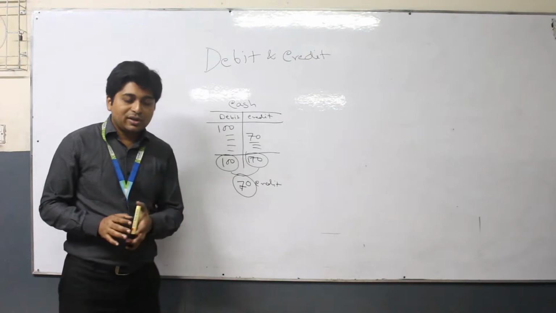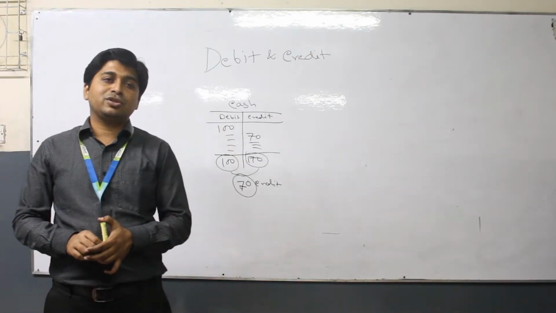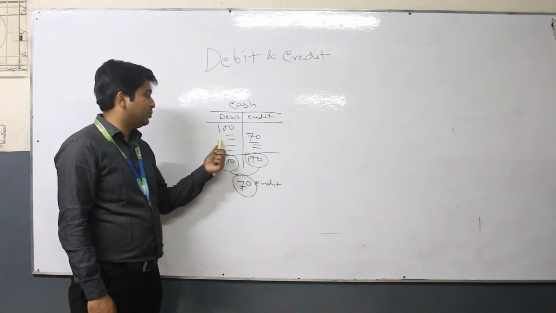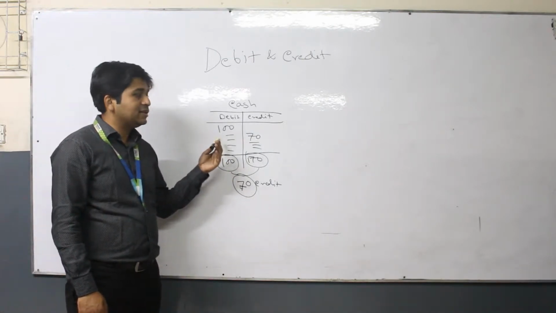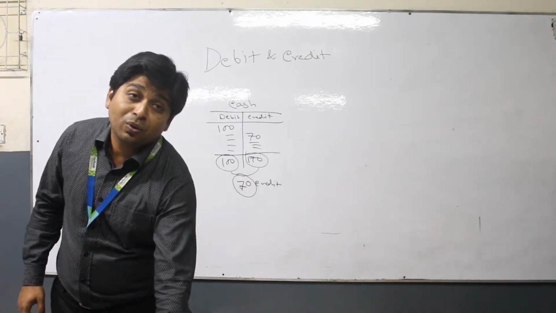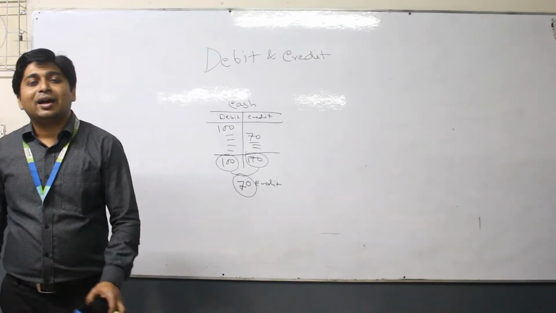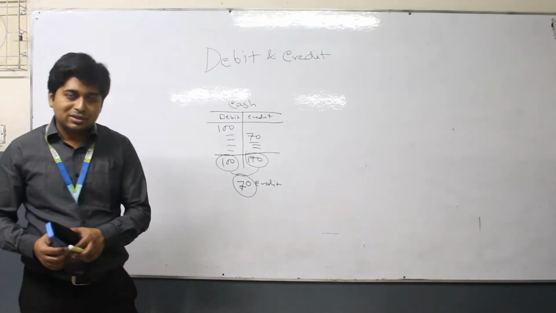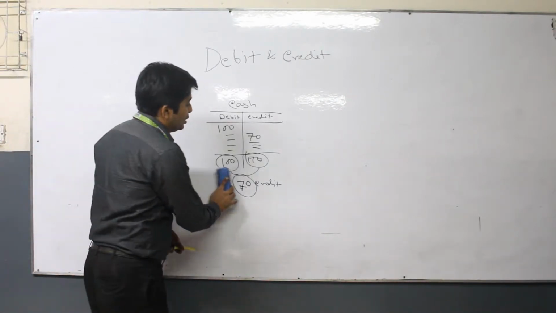Now the crucial stage is the debit credit procedure. We have understood that if we put any amount in the left side, that is debit, and if we put any amount in the right side, that is credit. But when is an account debited and credited? This is our next topic, the debit credit procedures.